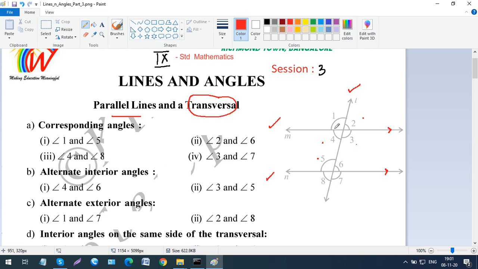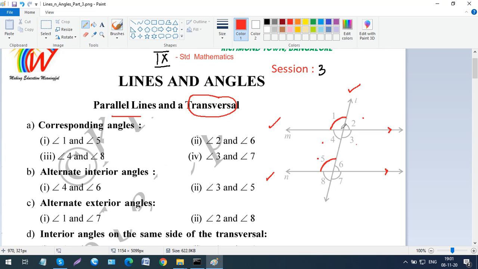These two angles lie above the parallel lines, 1 above M and 5 above N, and they both lie to the left of the transversal. So they have a similar view, and these two angles are called corresponding angles.